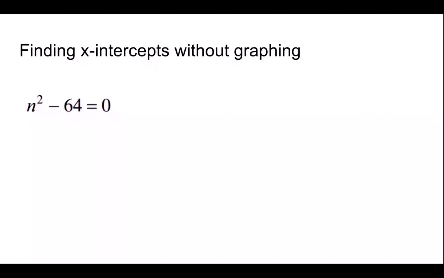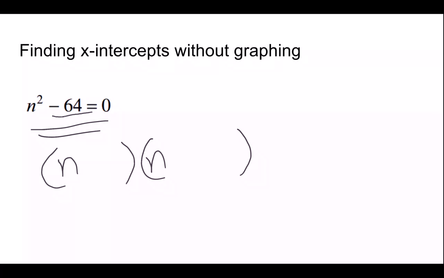Let's try one more of these without a b term. So again, in this example, since it doesn't have a b term, we're going to set this up and go, okay, what multiplies together to give me n squared? Well, n and n. What's going to give me -64? Well, -8 and +8. And we'll multiply this out just to check.